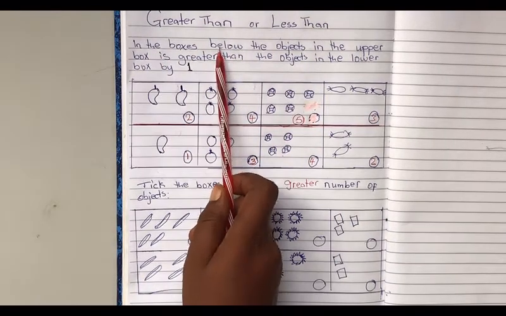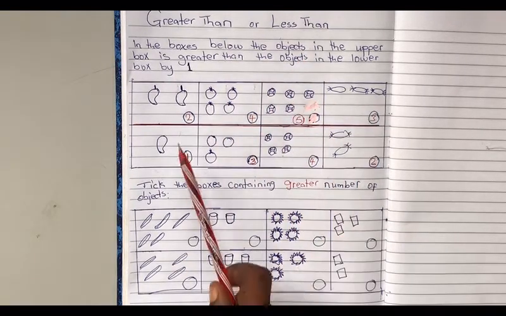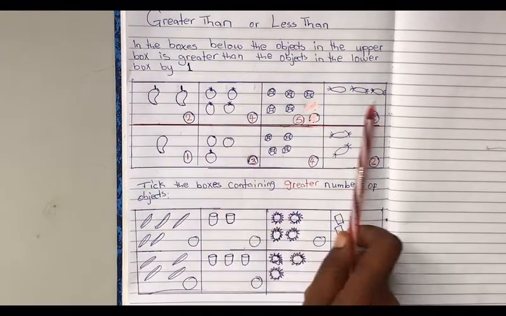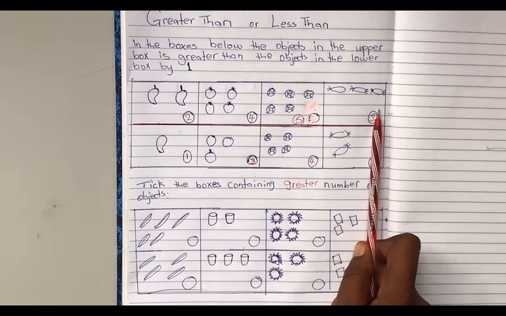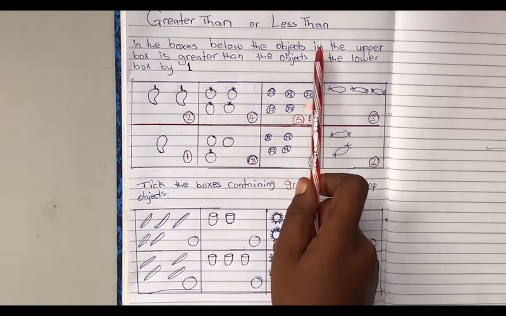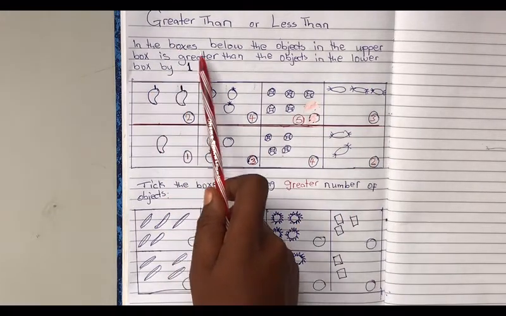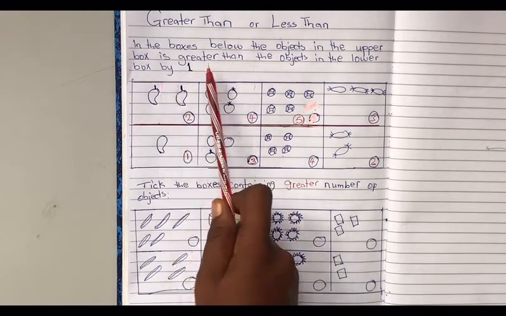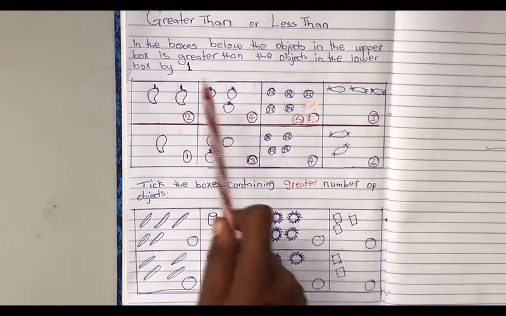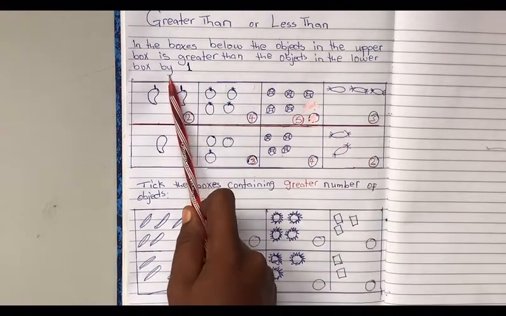In the boxes below, the objects in the upper boxes are greater than, are bigger than, the objects in the lower boxes by 1.